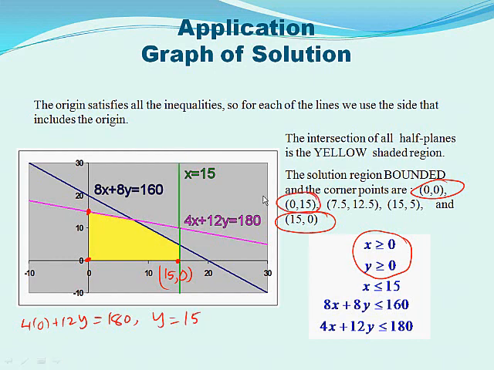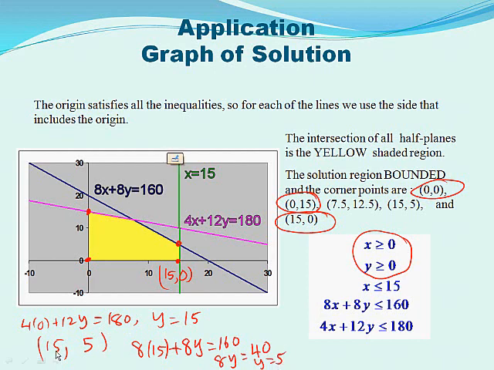Now we have 2 more corner points here. One up here will be on the vertical line x equal to 15, intersecting the line 8x plus 8y equal to 160. So I substitute x equal to 15 in that equation: 8 multiplied by 15 plus 8y equal to 160. Solving, 8y equal to 40, so y equal to 5.